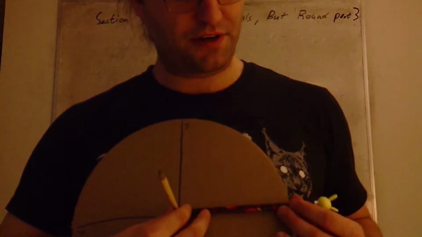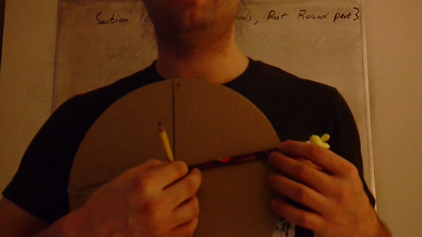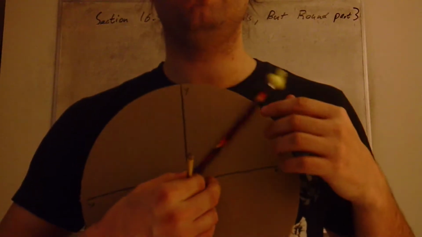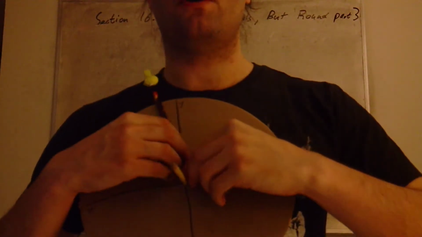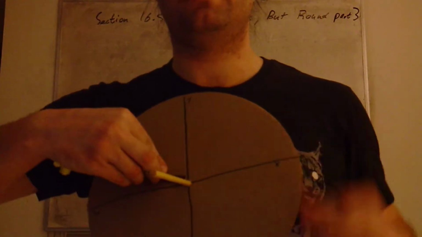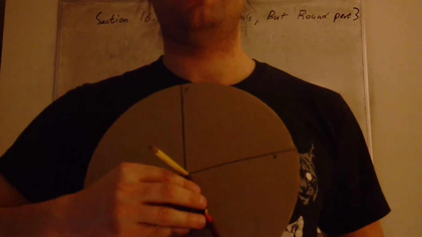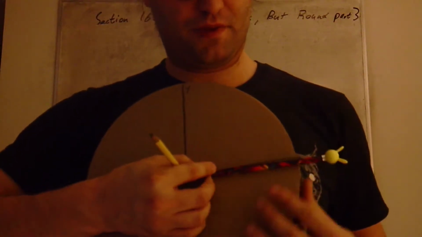Theta equals 0 is along the x-axis. As theta increases up to pi over 2, that gives you vertical. You can keep going. Theta goes all the way around this axis. 3 pi over 2 is straight down. This is theta. No surprises there.